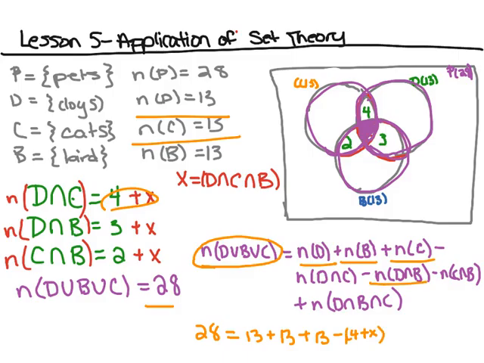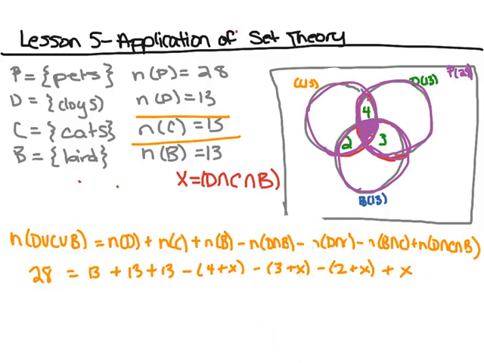Our intersection of D and B is 3 plus x. And our intersection of C and B is 2 plus x. And we're adding a final x in. So I know there isn't a lot of room, so I'm just going to erase some things quickly so that we can see this better.